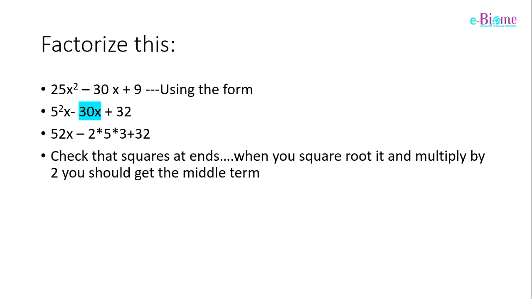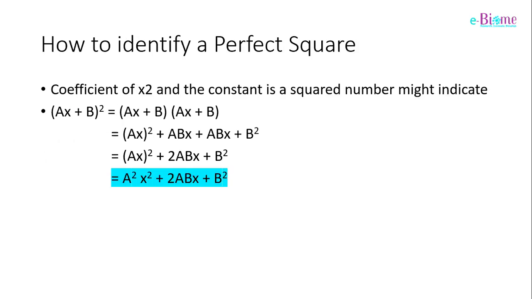And when we're doing perfect square, based on this form, which is the key to everything, guys, we realize that the middle term is just 2 times that A, which is the square root of the coefficient of the first term, and the B is really just the square root of the constant, and that's how we get the middle term. So the middle term is 2ab times x.